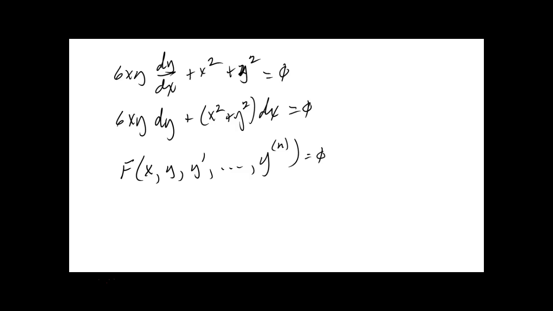Now, it says for both practical and theoretical reasons, we shall also make the assumption hereafter that it is possible to solve an ordinary differential equation of this form uniquely for the highest derivative value, y to the n.